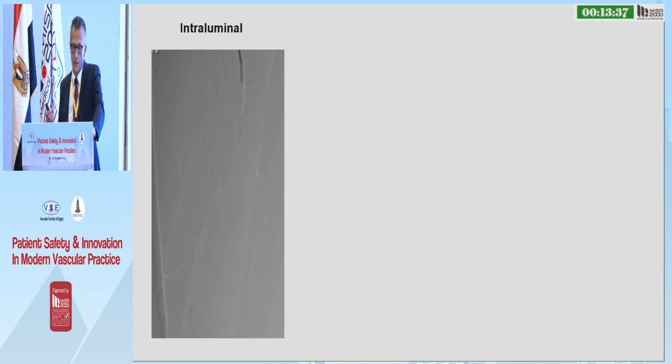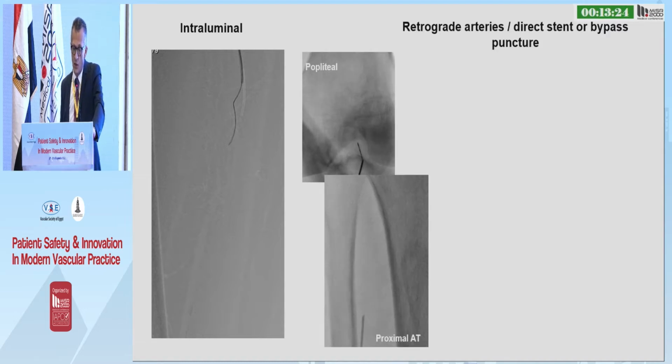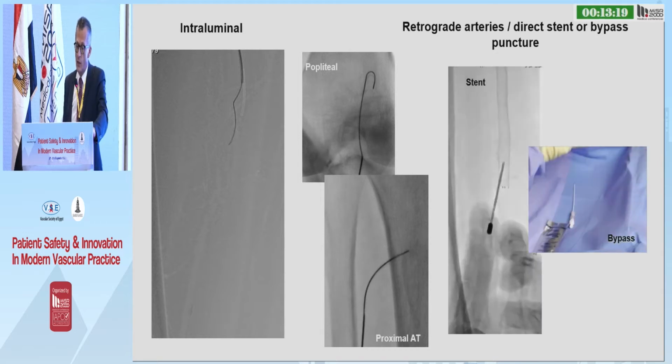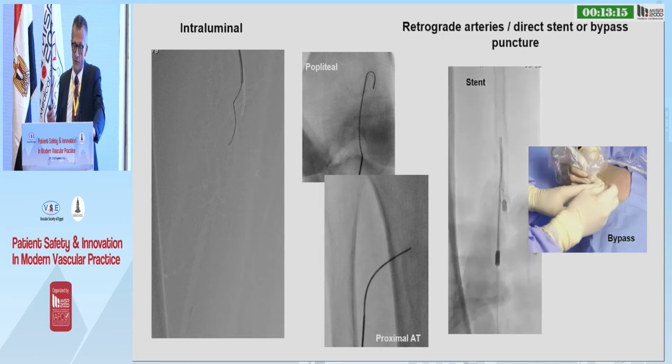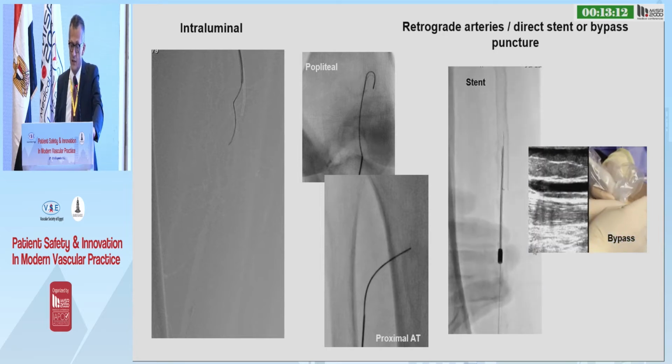We have to be sure that we stay intraluminal, and we have to spend time using different support catheters and different guide wires to cross the lesion intraluminally. In case of impossibility to go antegrade, we can go directly through a retrograde puncture of the native artery, of the stent, or of the bypass, in order to be sure to be in the true lumen.